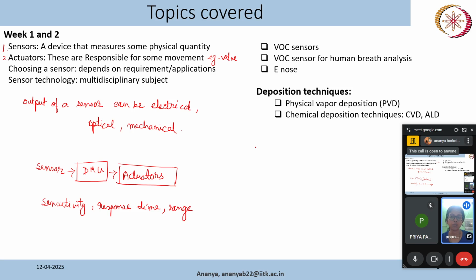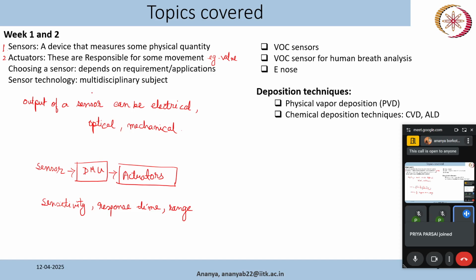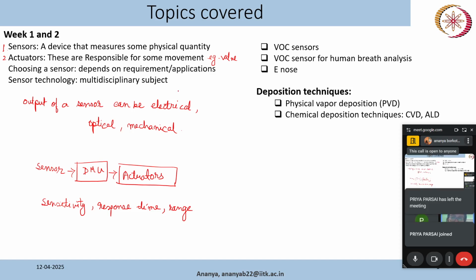Now, we have learned that how we choose a sensor depends on the requirement and application. We will consider the sensor characteristics, we will consider the environmental conditions where it is going to be used, we will consider the economic factors. Okay, these three things we have learned. And then we also learned that sensor technology itself is a multidisciplinary subject.